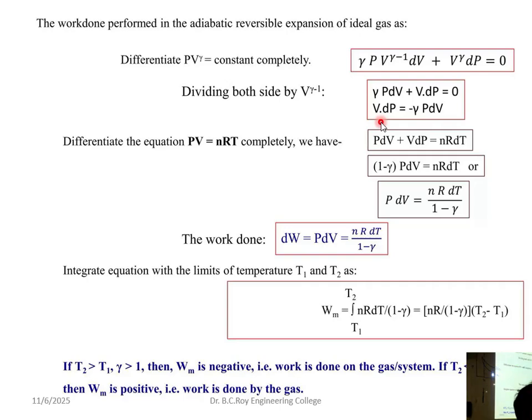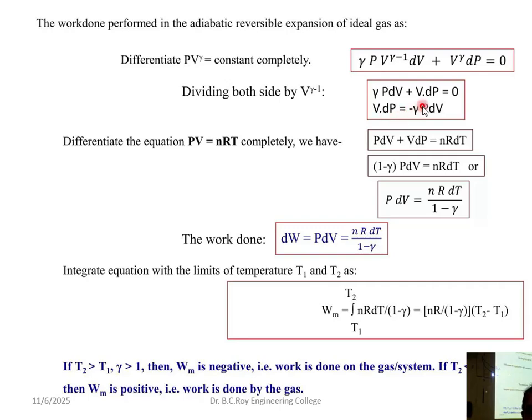So for monatomic, diatomic, triatomic, the values are always more than 1. Now tell me one thing, are all these values more than 1 or not? These are all more than 1. So that means this gamma value is at least more than 1.